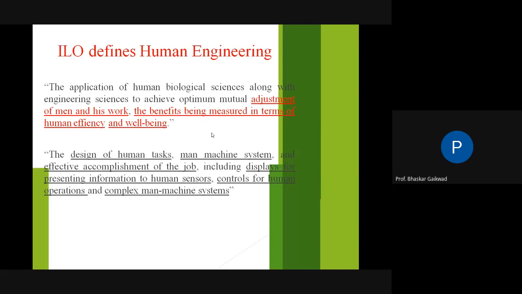So the main purpose, for example: any machine is there, and the machine has different types of knobs, levers, buttons. If a man operates that machine, then it is very easy for that operator to handle these machines.